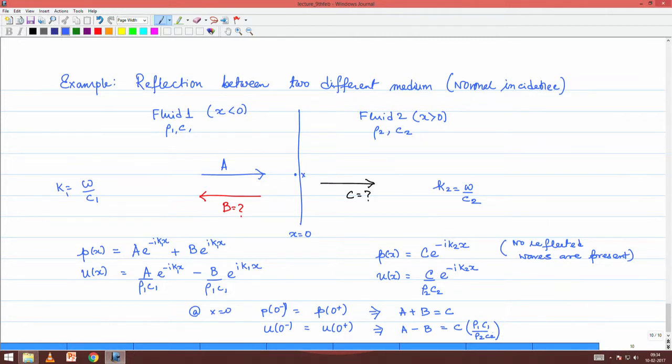So, these are the two equations that we obtain from the two boundary conditions.